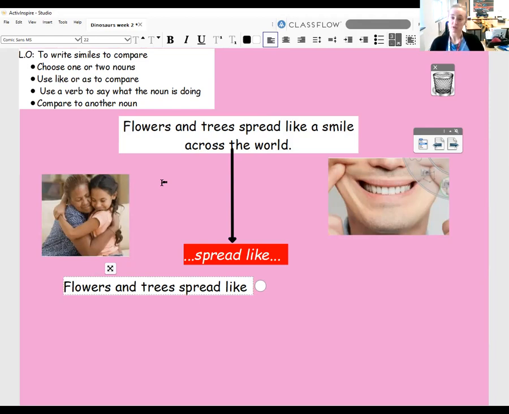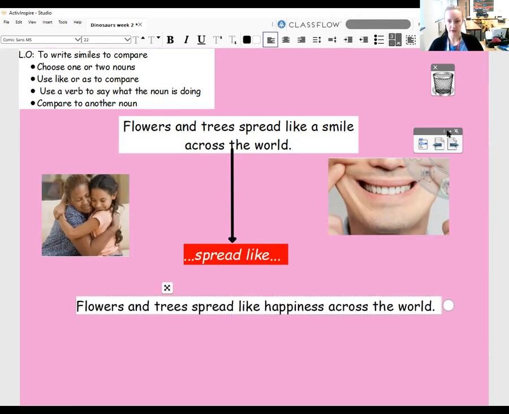Friendship or kindness or happiness? I think I'm going to say happiness. Flowers and trees spread like happiness across the world.